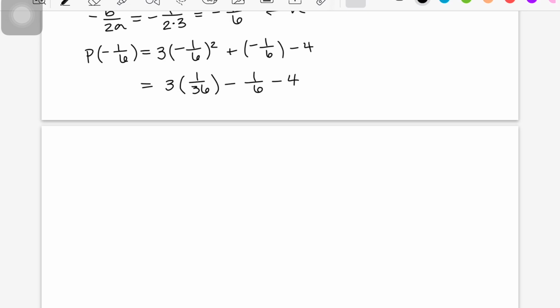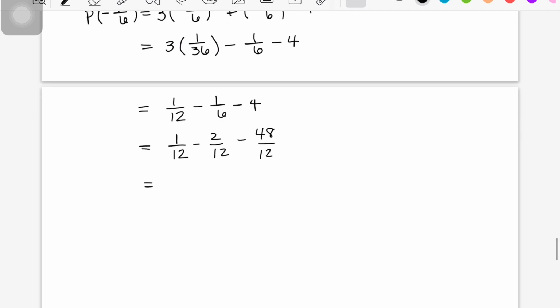Taking a 3 out of both of these terms here, we just end up with 1 over 12. We want to get a common denominator for each of these terms. So we get this here.